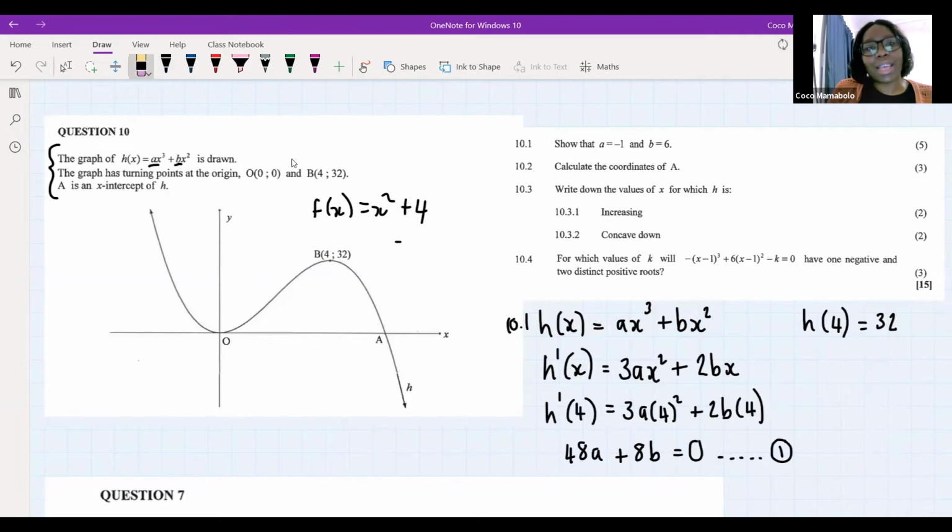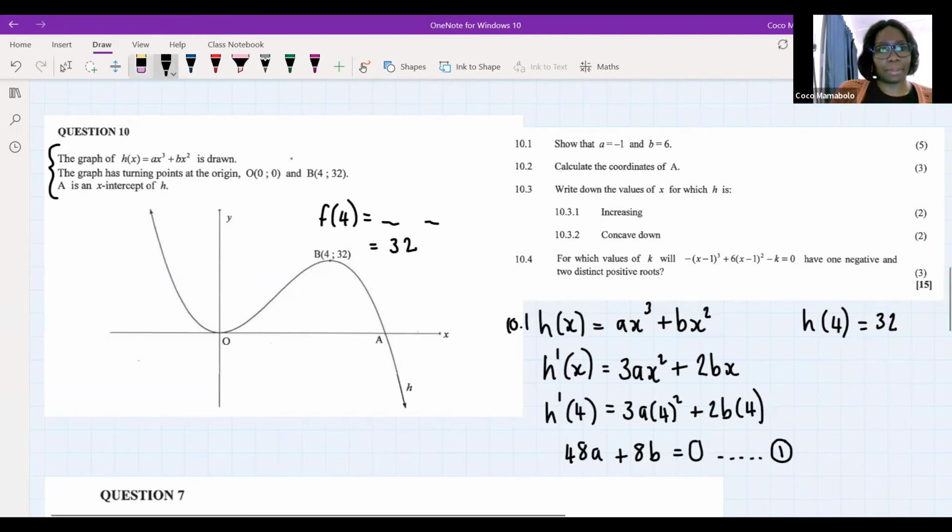So if I sub the point 4 into my function, f of 4, it doesn't matter what a and b are, my answer at the end needs to be equal to 32, okay? Regardless of what a and b are equal to. Does that make sense to you guys? I hope that makes sense. And that's where we're going with this.